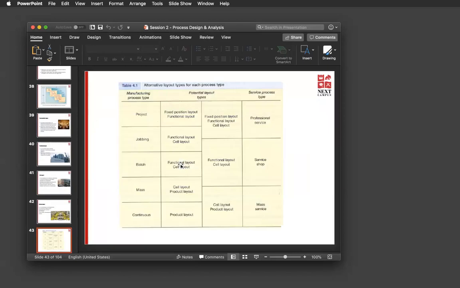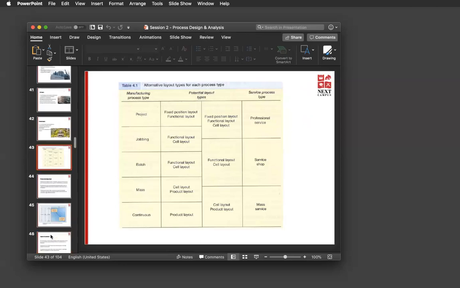Now, this is the relationship between the potential layout types, manufacturing process types, layouts, and service process types. So basically you can see the types of layouts between projects and services, how they relate and how they differ from one another.